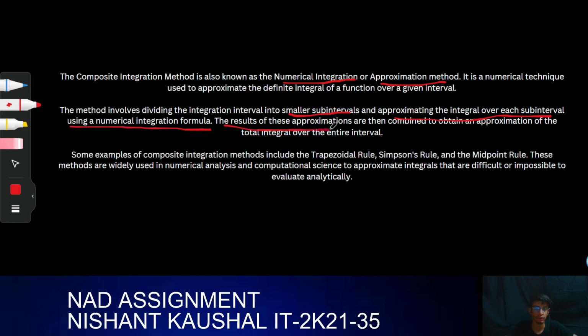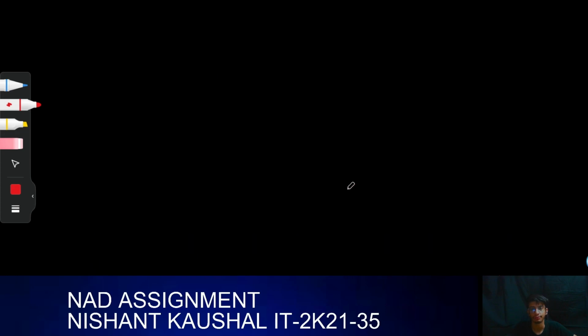The results of these approximations are combined to obtain an approximation of the total integral over the entire range. Its examples are trapezoidal rules, Simpson rules, and midpoint rules. These methods are widely used in numerical analysis and computational science for integrals that are difficult or impossible to evaluate analytically.